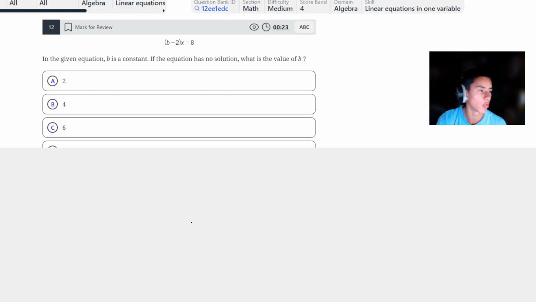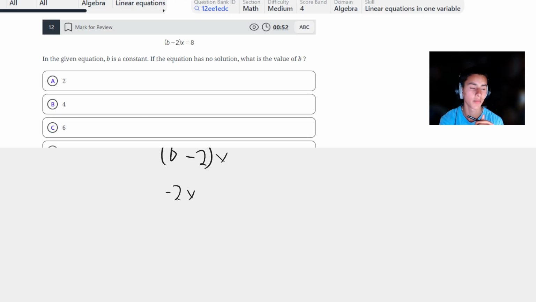So if the right side is a constant, then the left side has to be a constant. The only way you can make this a constant, b minus 2 over x, if you think about it, if b is 0, it would be negative 2 over x. That's going to be a slope. That's going to be a linear line. It would definitely go through the line of 8, because the line of 8 is a horizontal line. A linear line is always going to reach it.